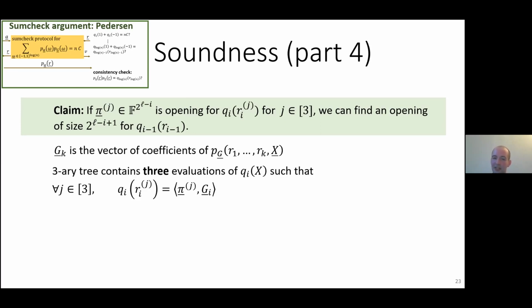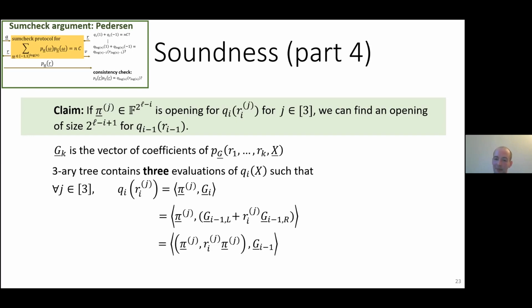If the 3-ary tree contains three openings of different evaluations of the ith sumcheck polynomial, then we can rearrange those using some linear algebra, and we can express the ith commitment key in terms of the (i-1)th commitment key.